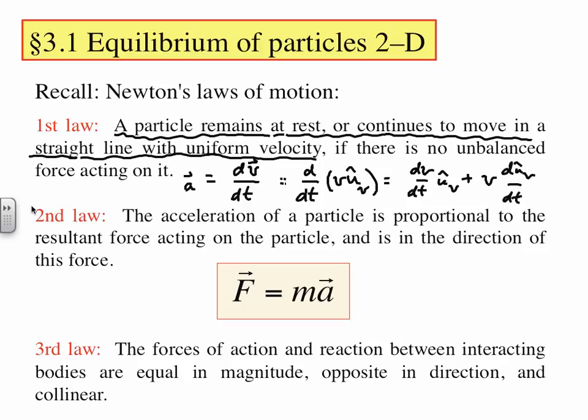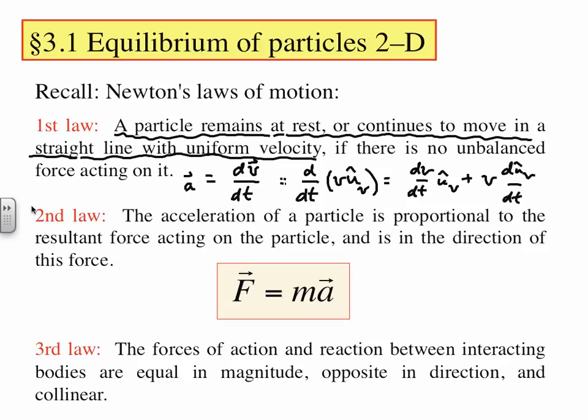The more obvious way is for the particle to be at rest, so v is simply equal to 0. But if the particle is traveling in a straight line, no change in orientation, at constant speed, no change in magnitude of velocity, then the time rates of change of speed and orientation are both 0, and the particle is also not accelerating.